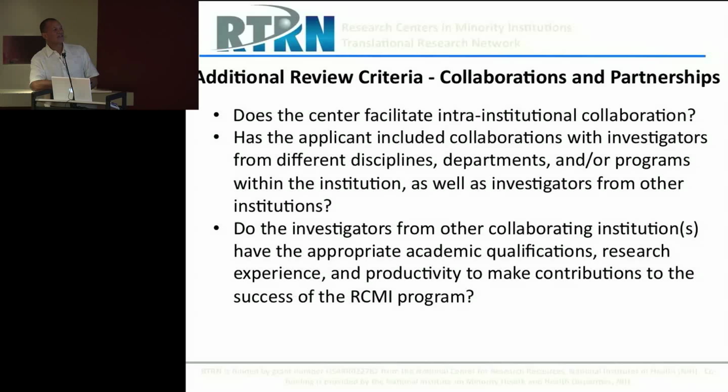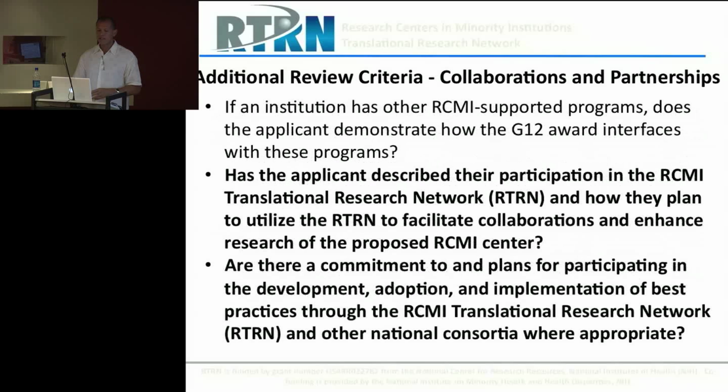Has the applicant included collaborations with investigators from different disciplines, departments, and/or programs within the institution? So first within the institution, and then from other collaborating institutions. So that combination of issues they'll be looking at. Again, the review criteria.